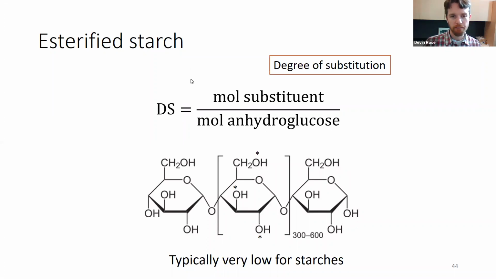So according to this equation, what is the maximum degree of substitution that we can have for a modified starch? Anyone want to guess or tell me? I do have the chat open, so I can see if you type something into the chat.